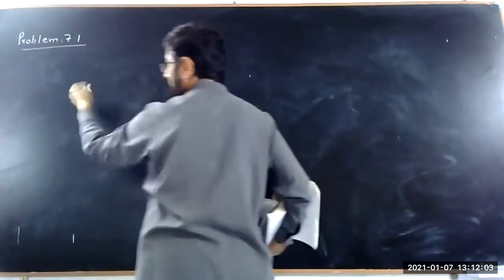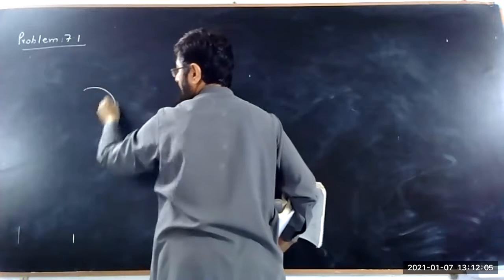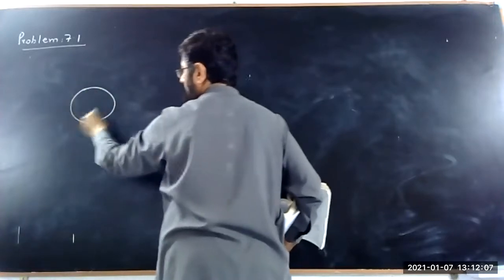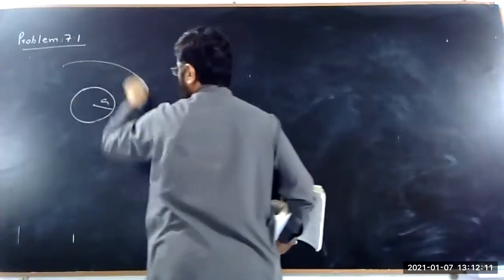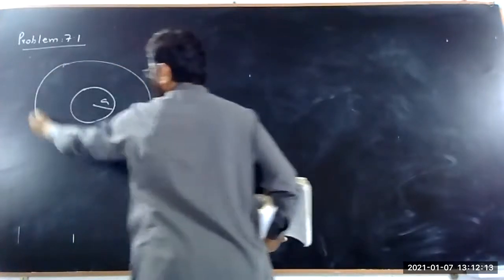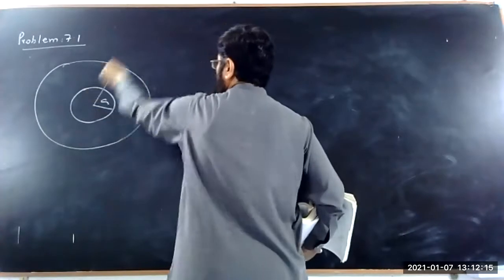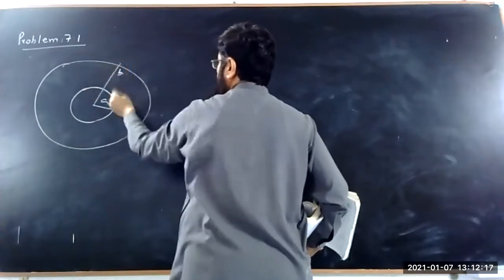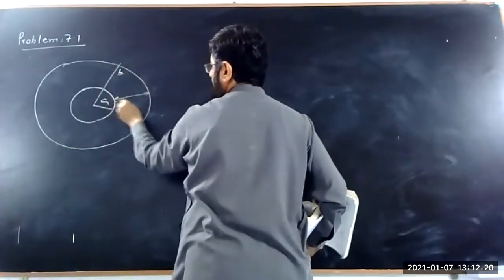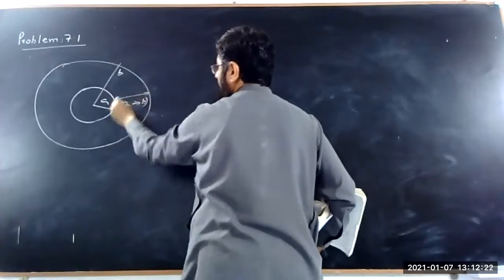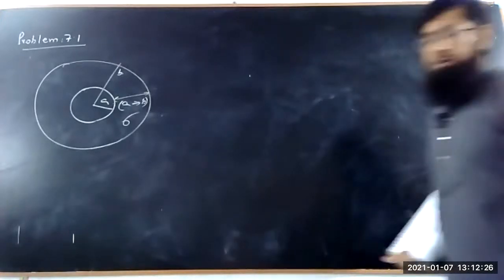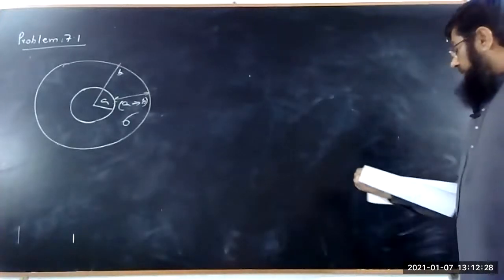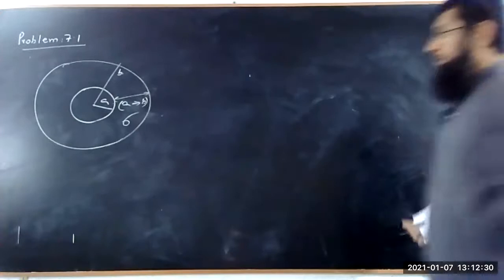These are two concentric spheres. This is the inner sphere whose radius is A, and there is the outer sphere whose radius is B. The medium between A and B is a conducting medium of conductivity sigma.